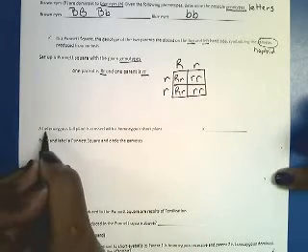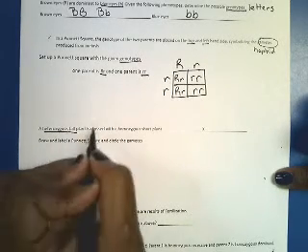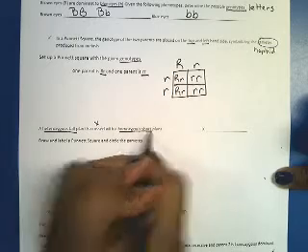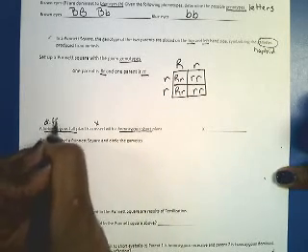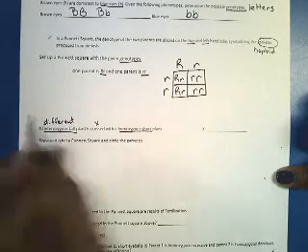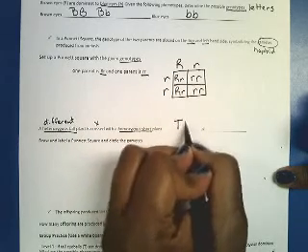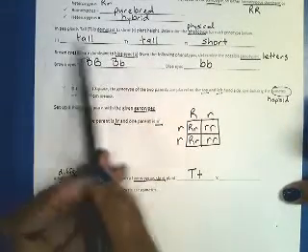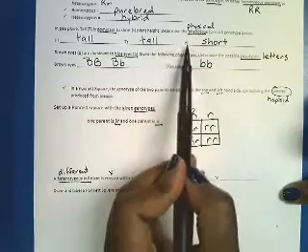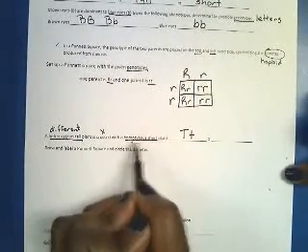The other way to set something up is if you are given a phenotype. So here it says a heterozygous tall plant is crossed with a homozygous short plant. Heterozygous means different. So we should have big T, little t. If you don't know where I got these letters, you can look up here. That's where I'm getting them. And then a homozygous short plant.